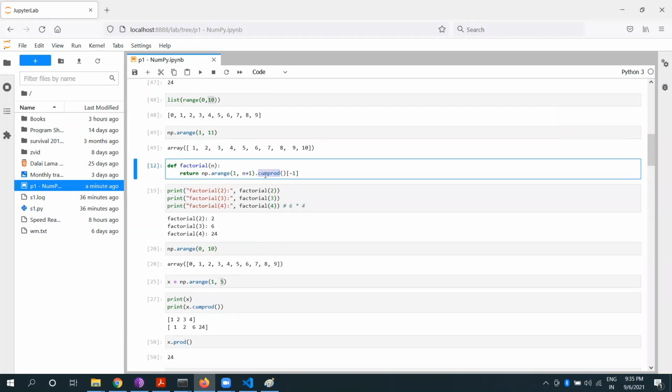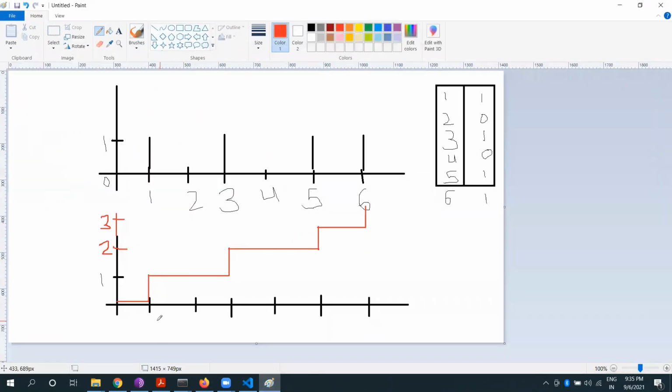Remember, when you hear cumulative summation or cumulative product or cumulative frequency, the previous instances are not forgotten, and you don't get individual, discrete, independent instances.